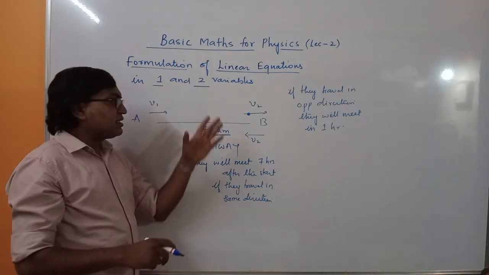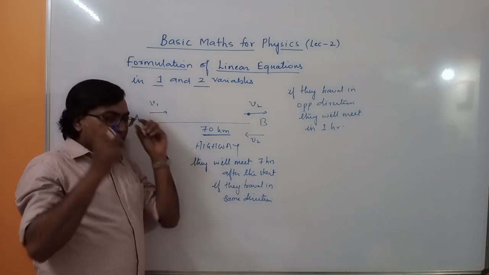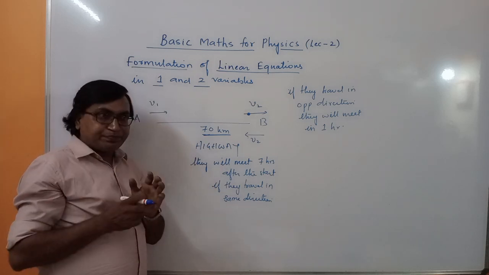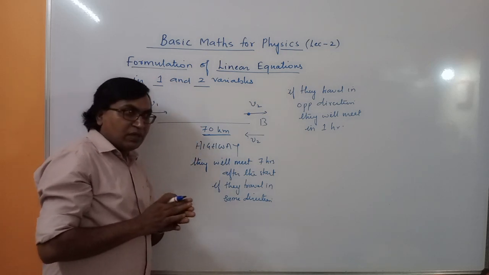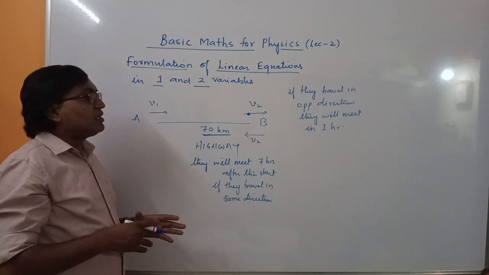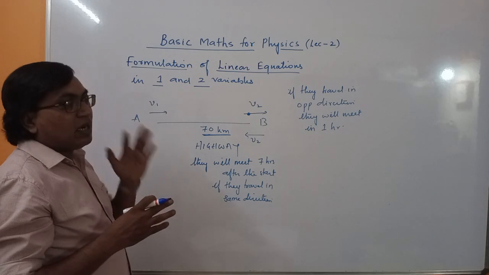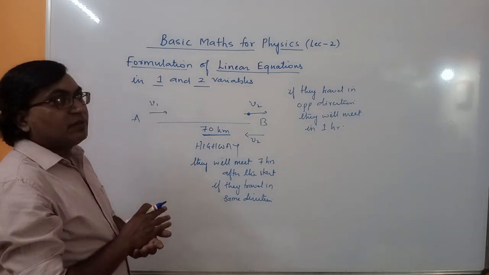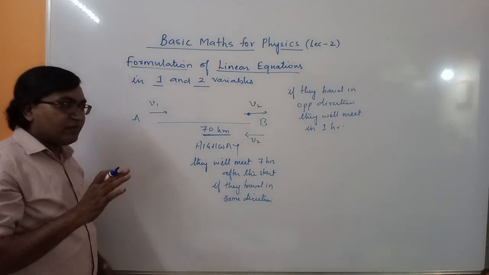So we are assuming these cars to be moving with constant speed. All the problems which we are considering, the speed of the boat or whatever, are constant. We are just trying to understand how to formulate a problem, how to formulate an equation for a given physical situation.